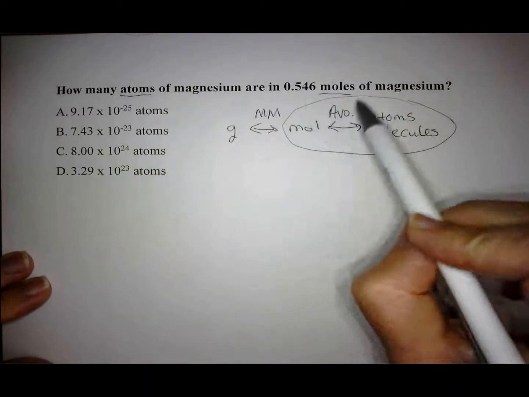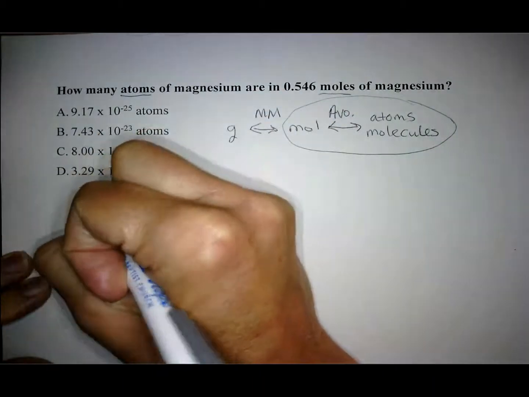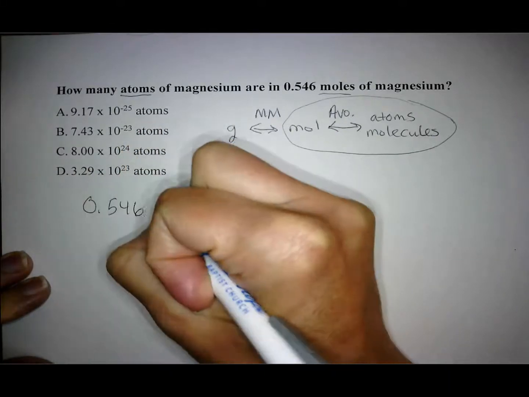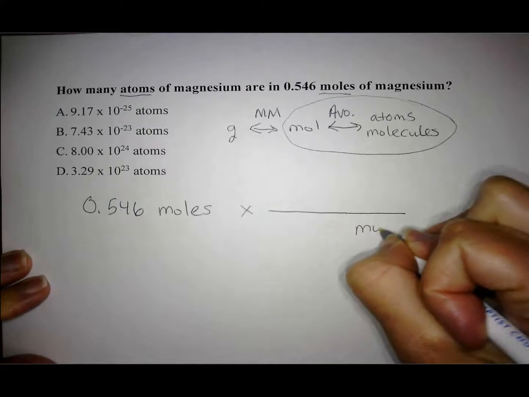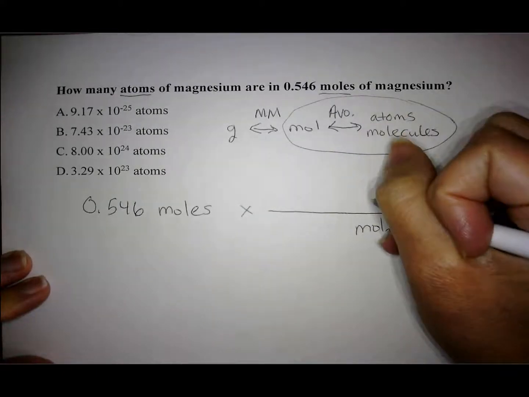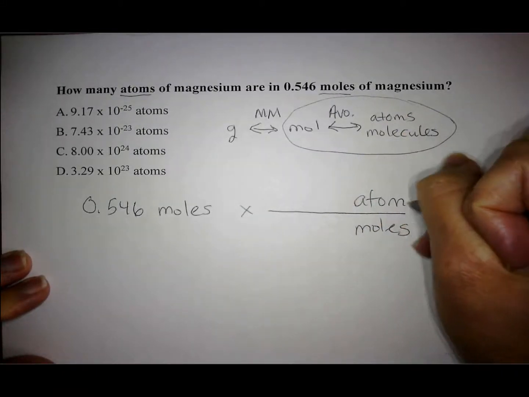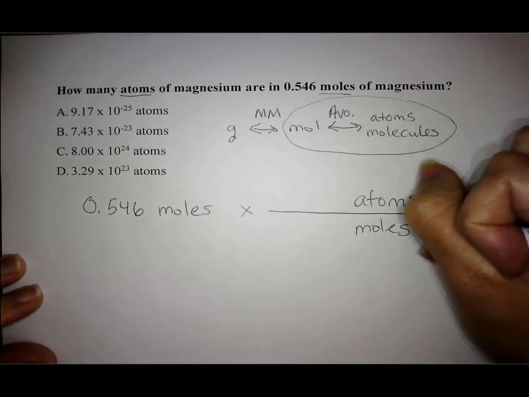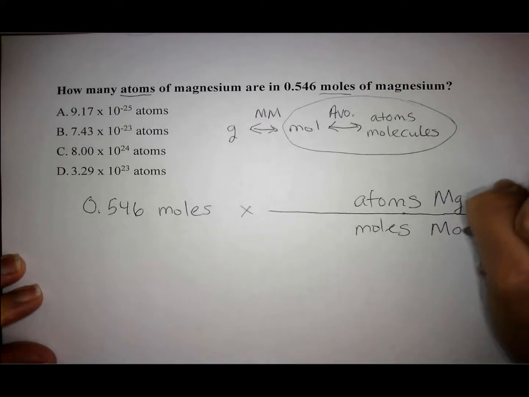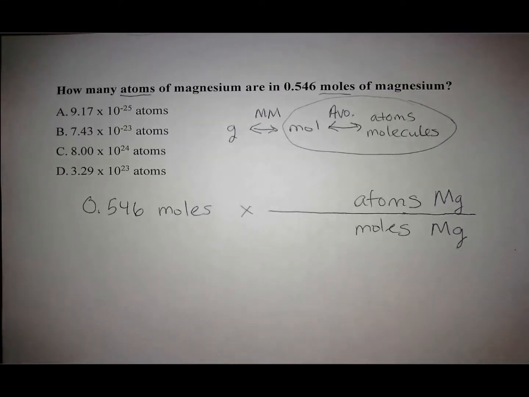And we always start out with a number we're given, 0.546 moles. We're going from moles to atoms. And it's always a good idea to write moles of what, atoms of what, because we're going to get into some more complicated problems later in the semester where the substance might change.